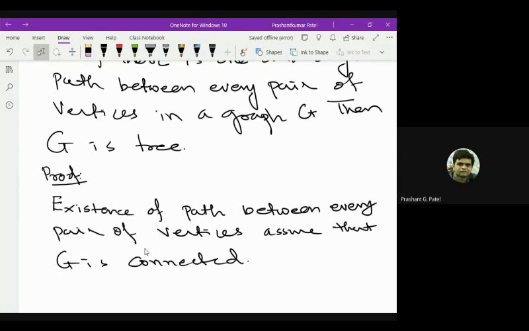We need to prove it is a tree. So why will it be acyclic? Connected we have already done. Now we have to prove that it is an acyclic graph.